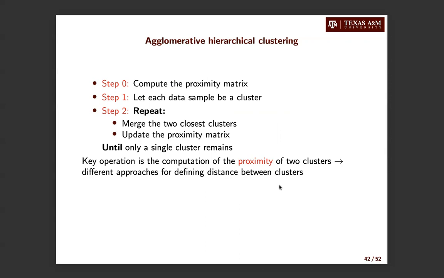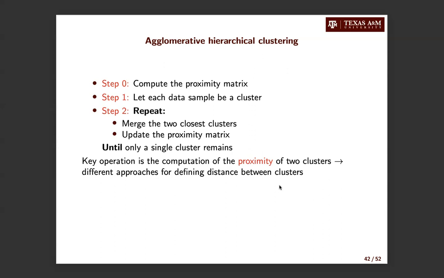As part of this clustering approach, we have a proximity matrix that captures the distances between samples and between clusters. This proximity matrix is updated in each iteration. So every time we have a new cluster, this proximity matrix is updated in order to reflect the samples that belong to that cluster, as well as the distance of the new cluster with the previous samples and the previously shaped clusters.